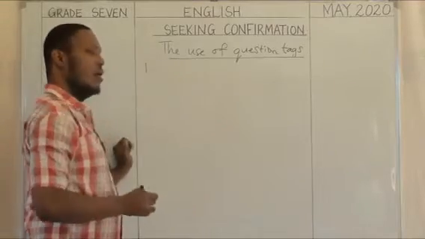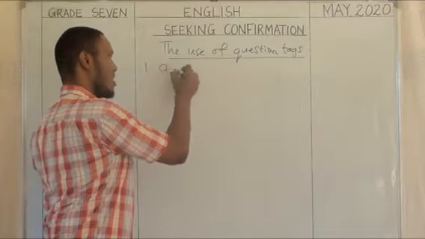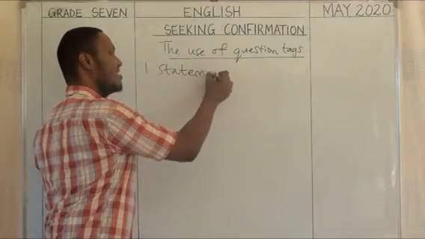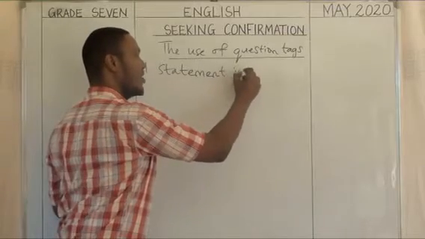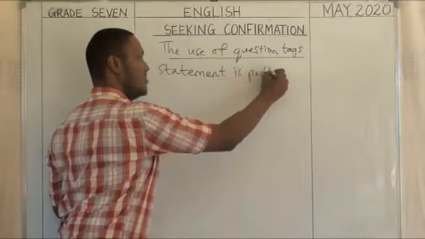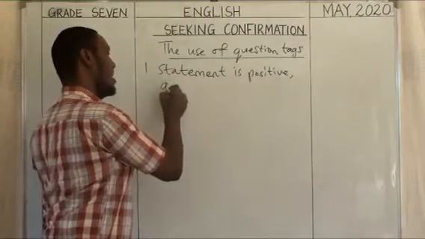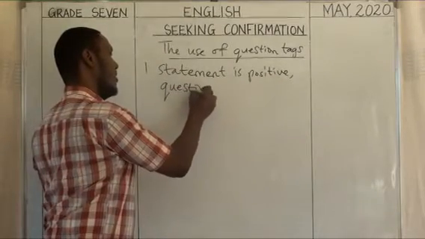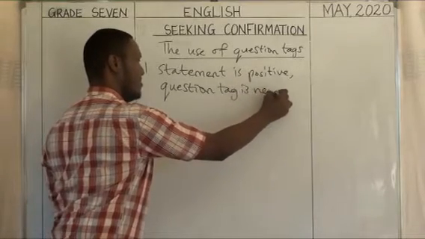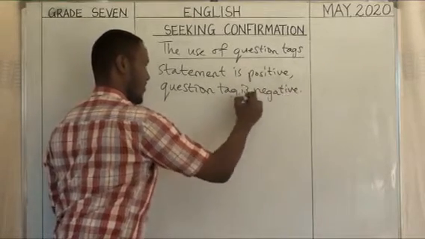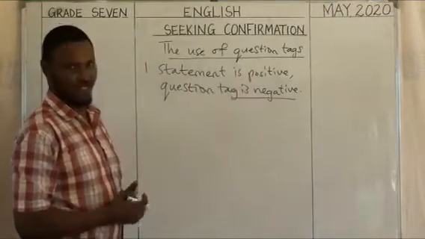Rule number one is that if the statement, and by statement here, I mean a sentence that tells, is positive, then the question tag is negative. That is rule number one. If the statement is positive, the question tag is negative.